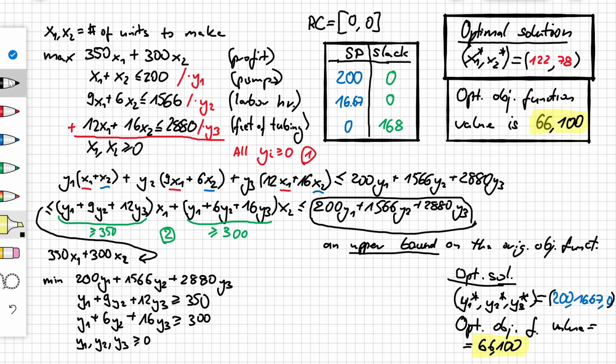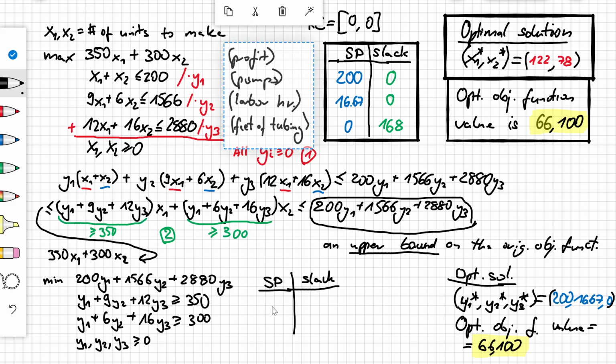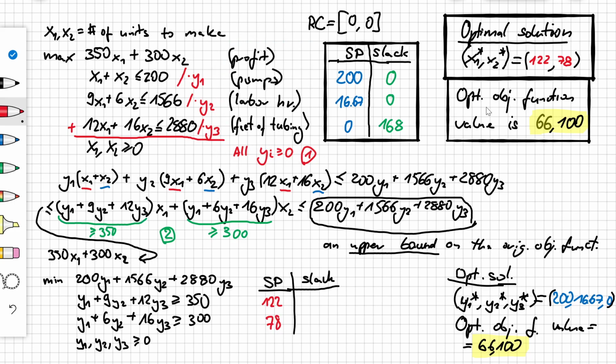What's also interesting is if you look at the shadow prices and slacks of this problem. The shadow price of this first constraint is going to be 122. Actually, let me put it in a different color to make the message clear. 122 and 78. And notice the shadow prices here are the same as the optimal solution in the primal problem.